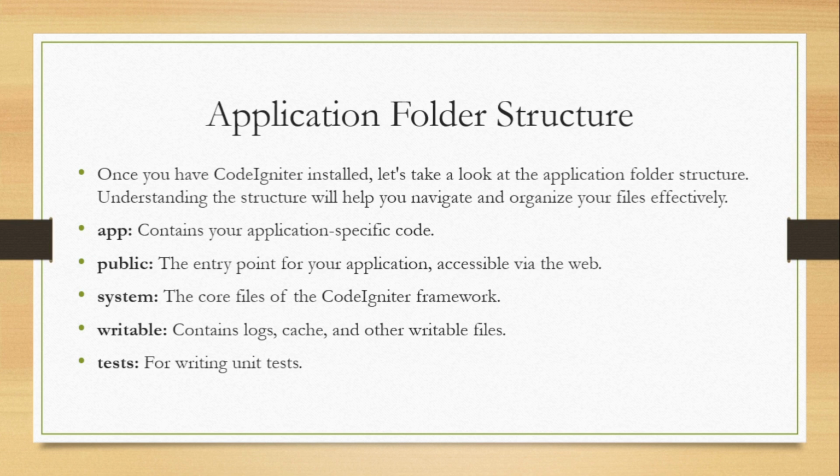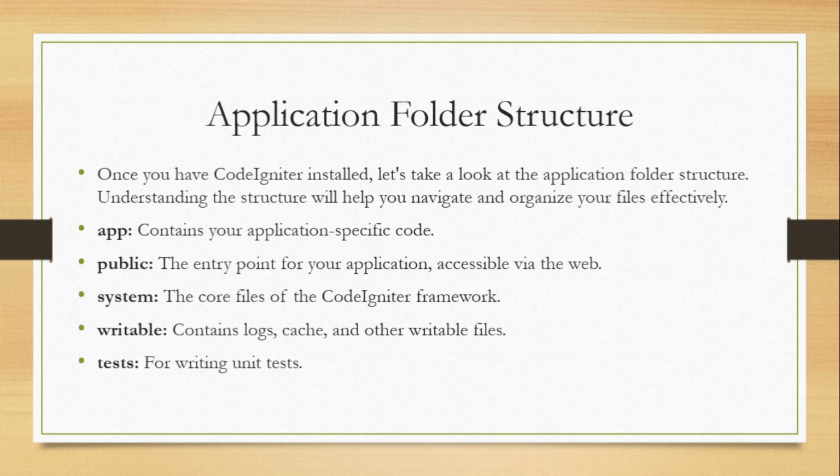Next is public, the entry point of your application, accessible via the web. When a user hits any URL on your web application, it goes first to public. The public folder is the entry point of your application. System: the core files of the CodeIgniter framework.